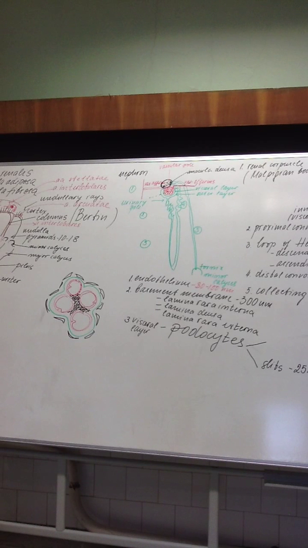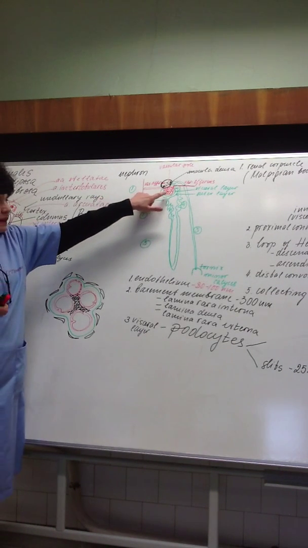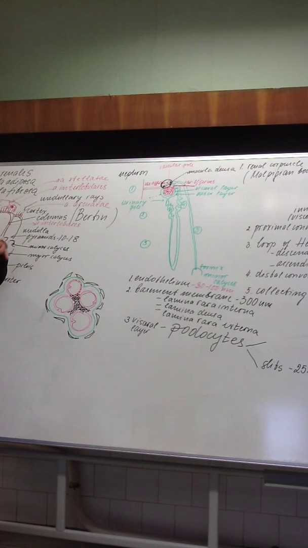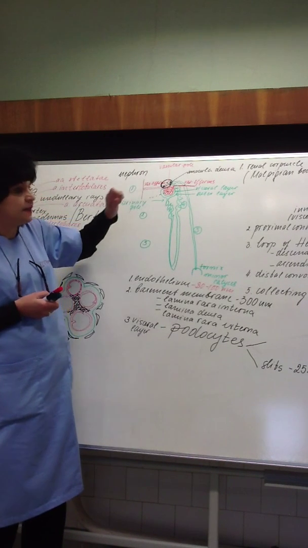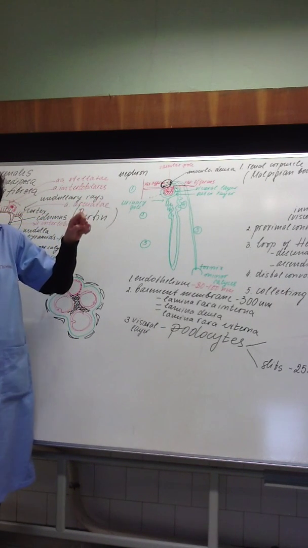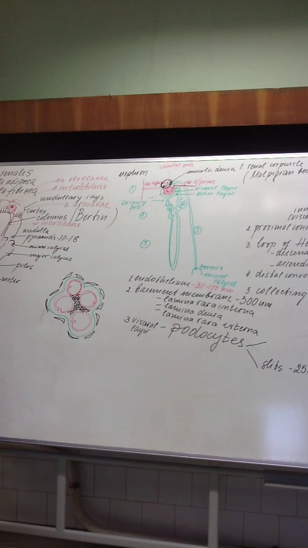They are actually connective tissue cells. They derive from mesenchyme. Therefore, we have two types of mesangial cells: within the capillaries of the glomerulus, and outside of the glomerulus, extraglomerular mesangial cells located here as a component of the juxtaglomerular apparatus.